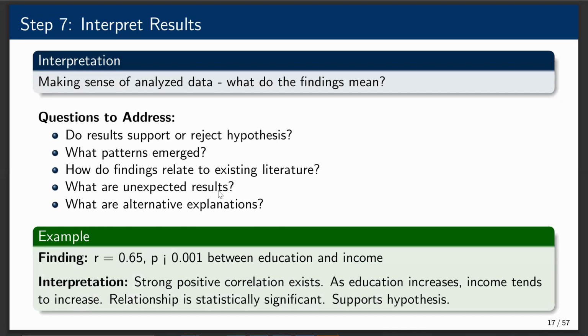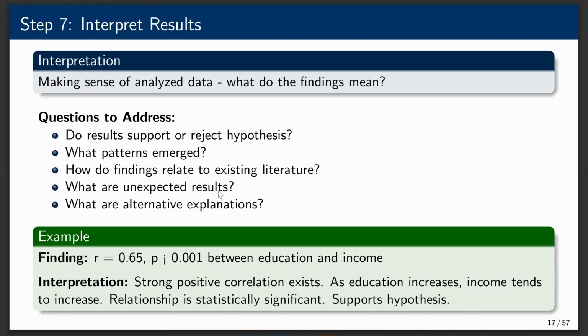Then step number 7, to interpret the results. So making sense of analyzed data: what do the findings mean? The questions to address here are, do results support or reject the hypothesis? What patterns emerged? How do findings relate to the existing literature? What are unexpected results? What are alternative explanations, and so on? Suppose in the example, the correlation coefficient between education and income is 0.65.